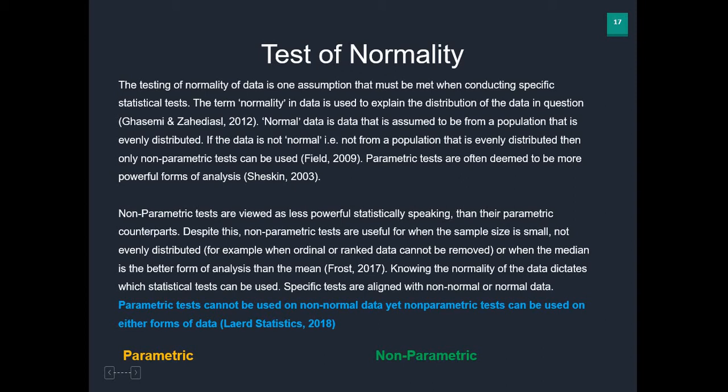Now, if the data is not normal, so it's not from a population that's evenly distributed, then only non-parametric tests can be used. Now, often when we come to do questionnaires, certainly for this kind of work, it's quite often that you'll find non-normal data.